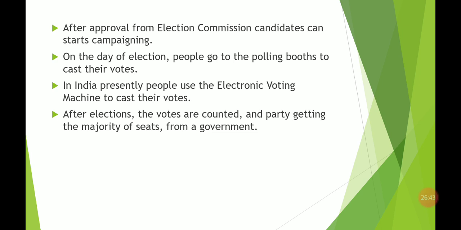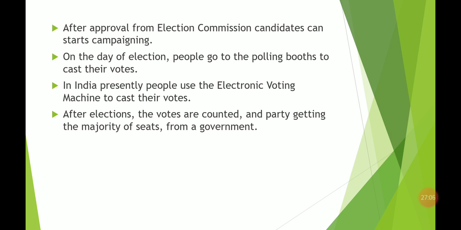So what is a manifesto? A manifesto is the list of things that the party will do after gaining the seats or gaining the government. After that, the manifesto is to be implemented. So election campaigning is what?